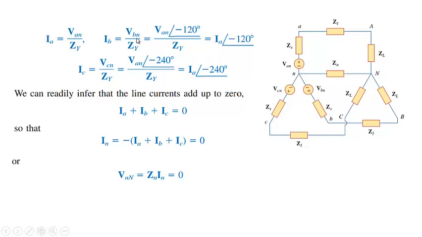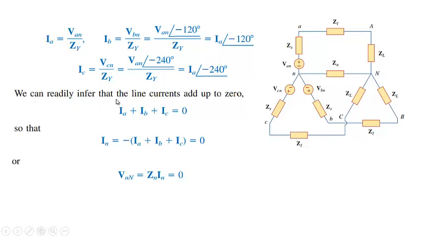IB is equal to VBN by ZY, where VBN is VP at an angle of minus 120 degrees, divided by ZY. I can call this VP by ZY as IA, so IB is IA at an angle of minus 120 degrees. Similarly, IC will be equal to IA at an angle of minus 240 degrees.